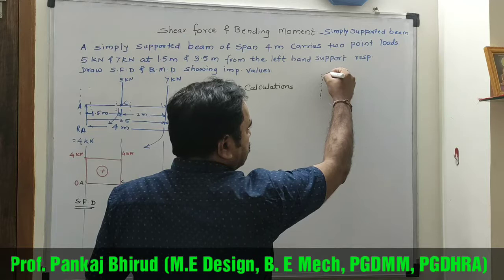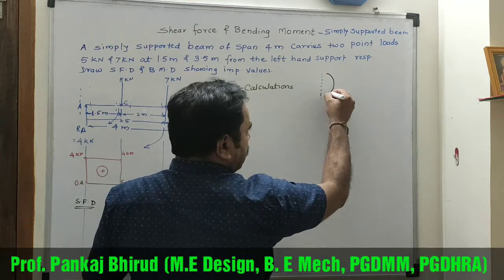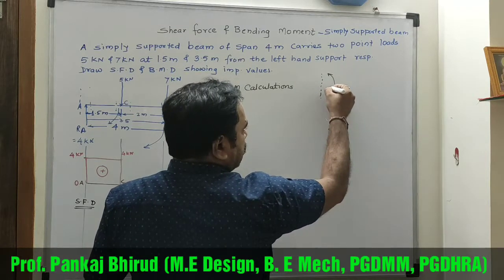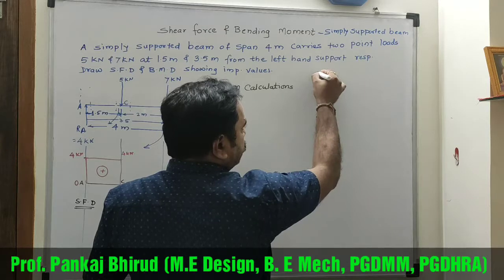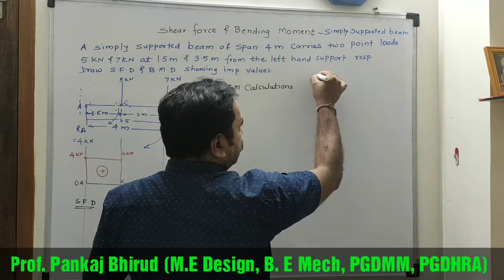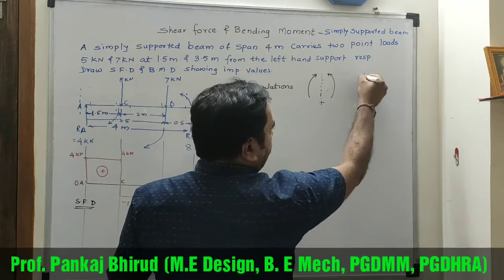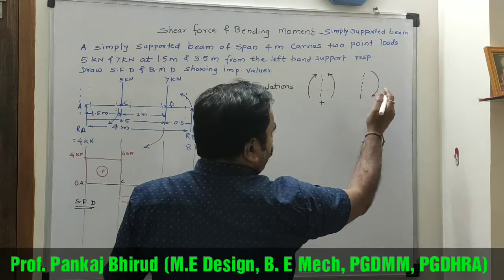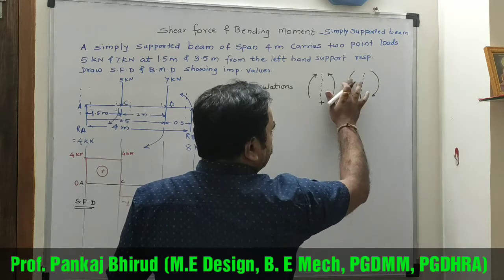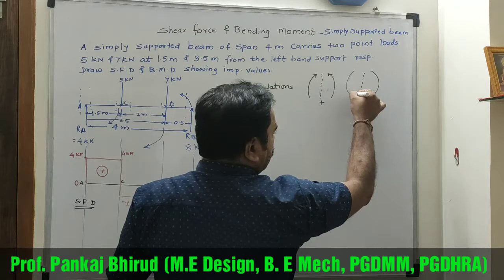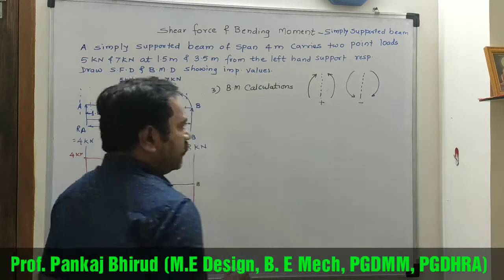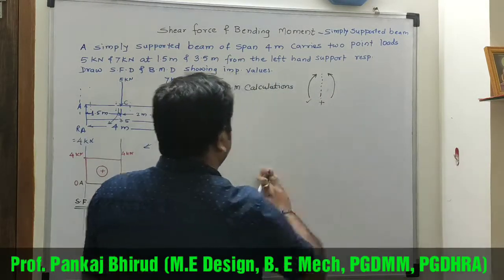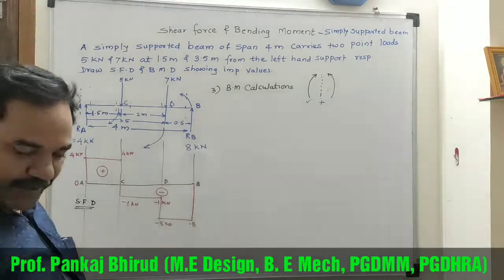Section right side, if it is acting anti-clockwise, then it is positive. And section right side, if it is acting clockwise, then it is negative. So this is the sign convention we will use for the calculation of bending moment.